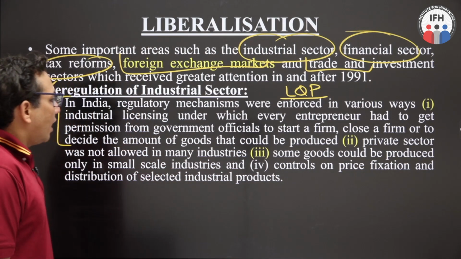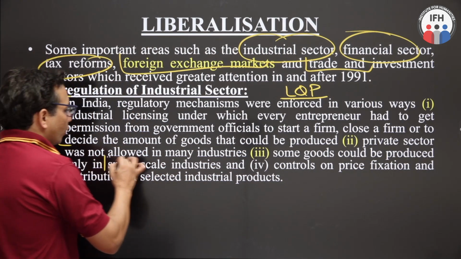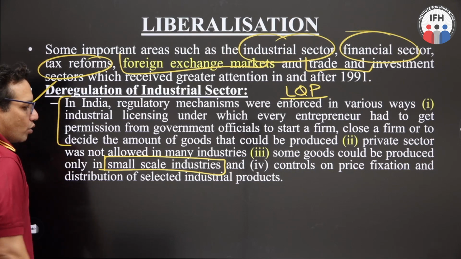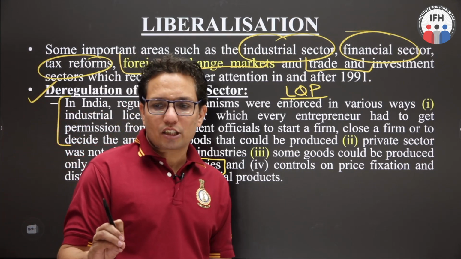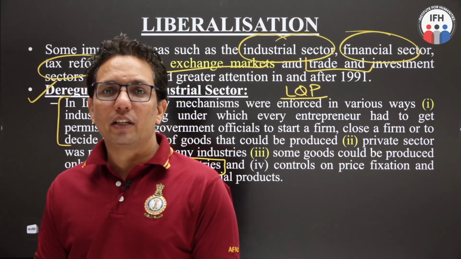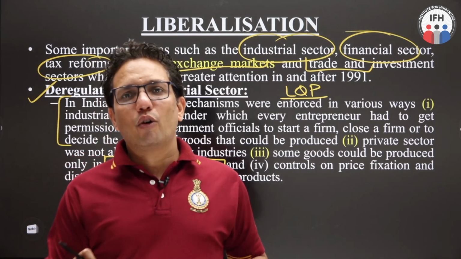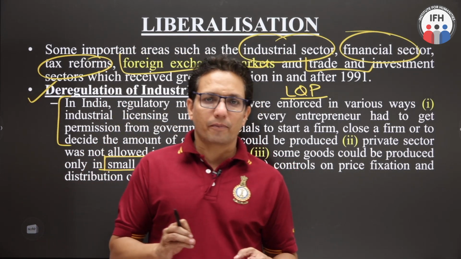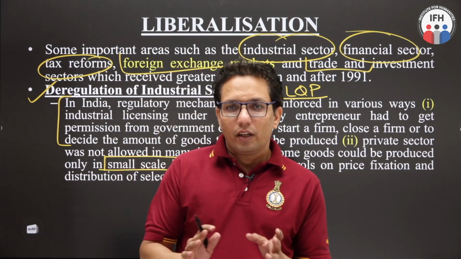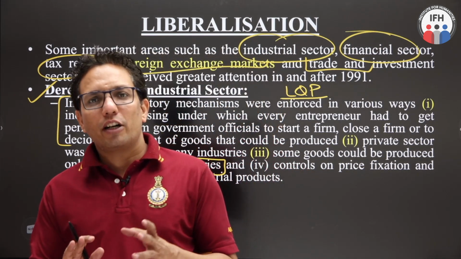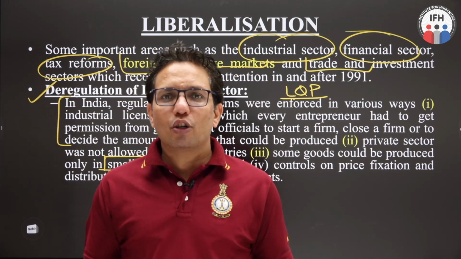Third, a lot of goods could be produced by small scale industries also. The government wanted to encourage small scale industries and increase employment in these labor intensive industries, and hence wanted to protect them. It knew that they were not in a position to compete with the corporates.